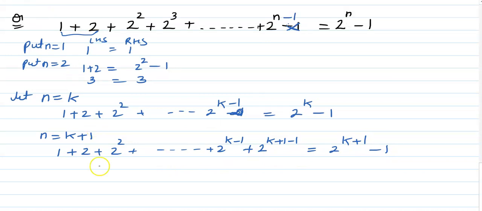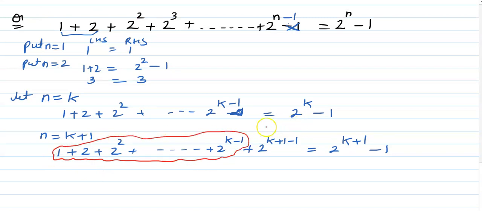Now, for this term, you can write down this 2 to the power k minus 1. So let's write down here 2 to the power k minus 1.